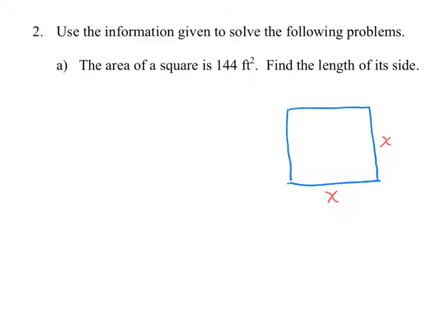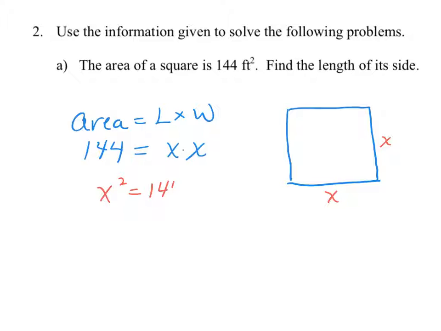We know from basic geometry that the area of a square is length times width. So the area, which was given as 144, is equal to x times x. We can write this equation as x squared is equal to 144.